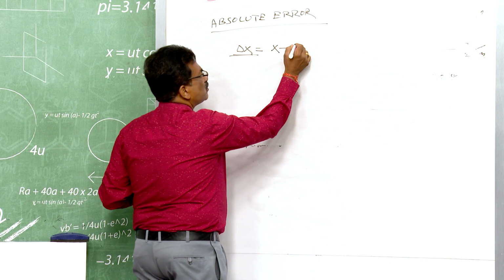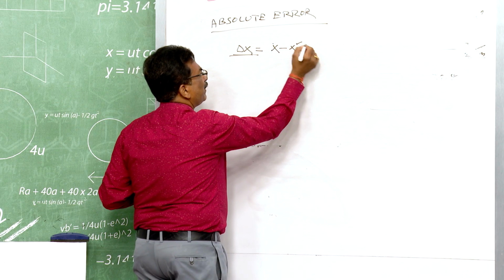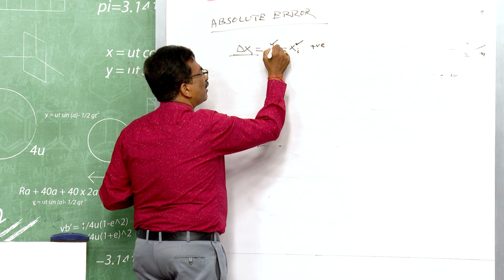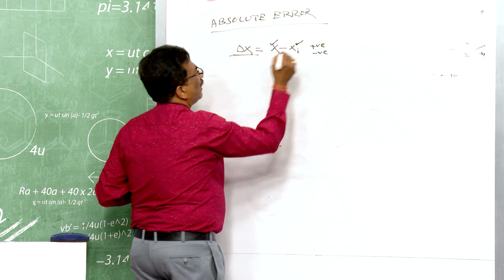When the observed value is less than the mean, it is positive. When the observed value is more than the mean, it is negative.